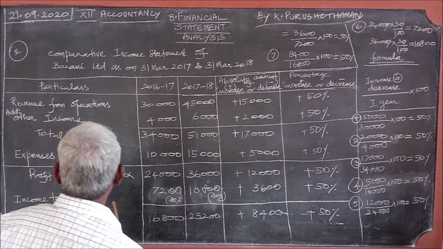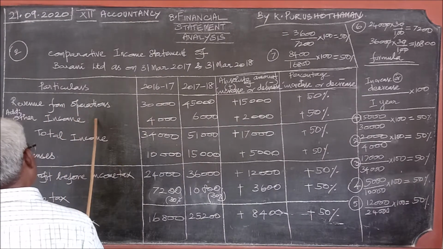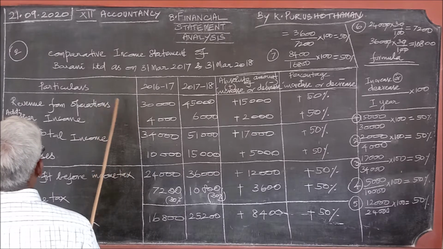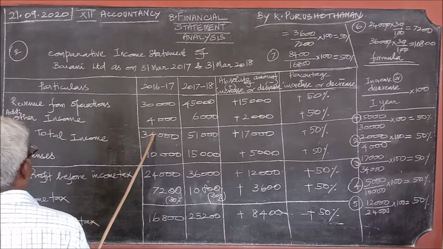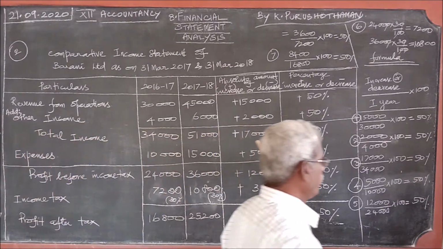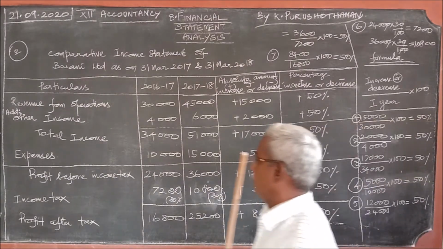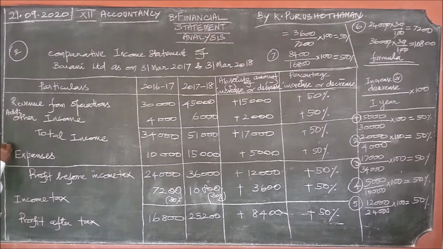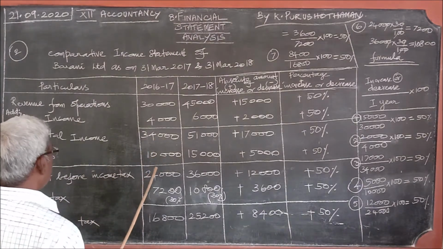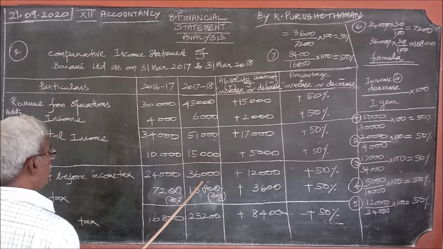Then if there is additional income, we will add. From the income only, the expenses are incurred. Therefore, from this, we should minus the expenses. When there is additional income, add. If there are expenses, less. Therefore, 51,000 minus 15,000, 36,000.